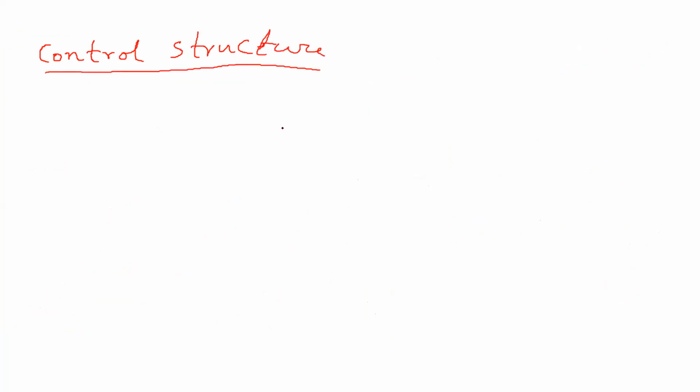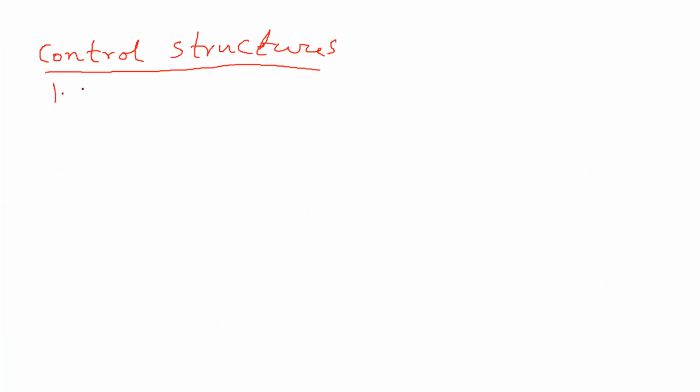Control structures. Control structures are what? So we have to define that. Control structures, there are 3 elements.